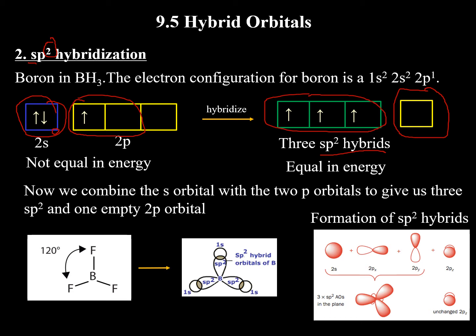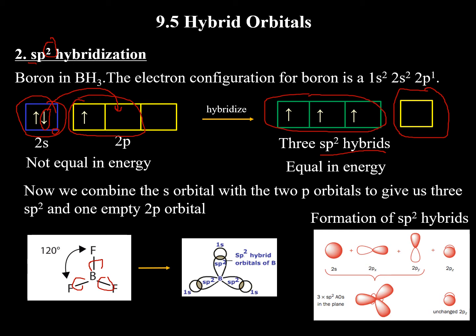If we look at the boron, if you remember, it's 2s2, 2p1. However, we have 3 bonds. So how do we explain those bonds? One of the electrons jumps into an empty p, and these 3 sp2 hybrids form.